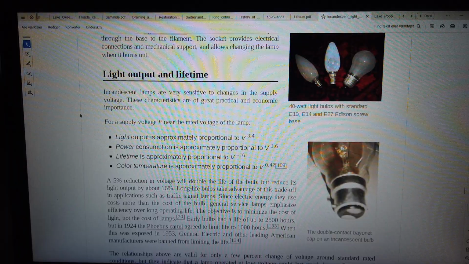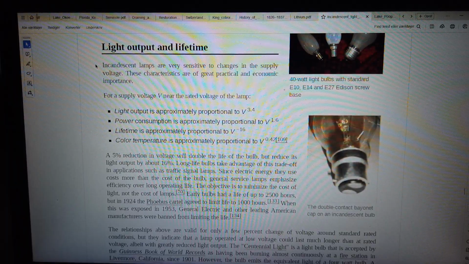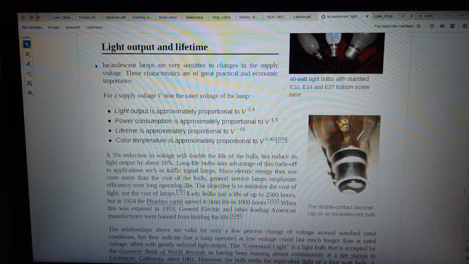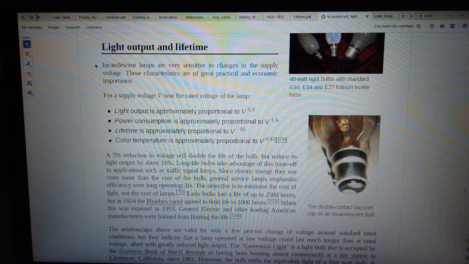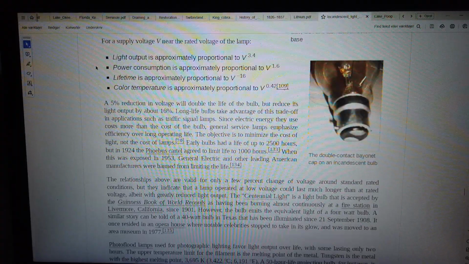Light output and lifetime. Incandescent lamps are very sensitive to changes in the supply voltage. These characteristics are of great practical and economic importance. For a supply voltage near the rated voltage of the lamp, light output is approximately proportional to V^3.4.